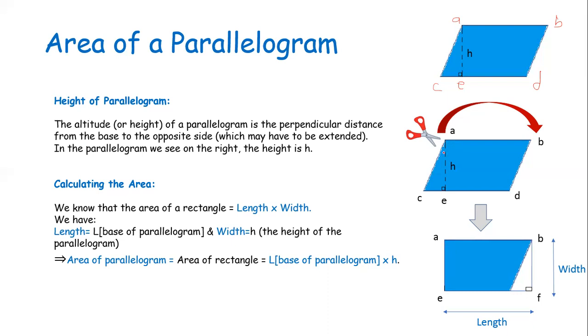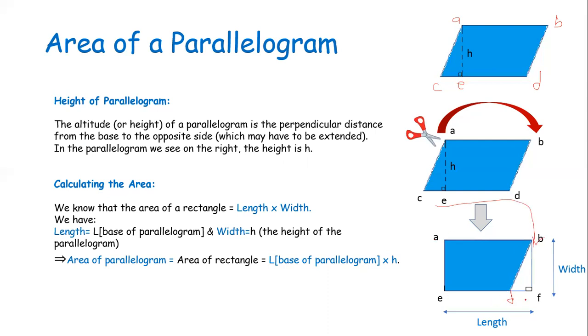Okay, where are we going to put this triangle that we have already removed? We will put it on the right side of the parallelogram we had at the beginning. So now we have BD here, the same, and we also have the triangle that we cut from here and placed here.